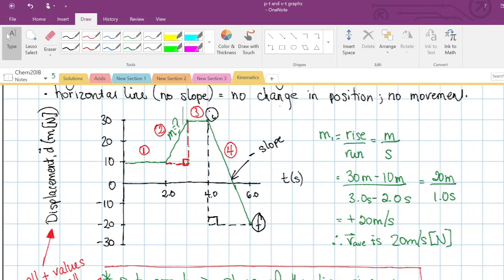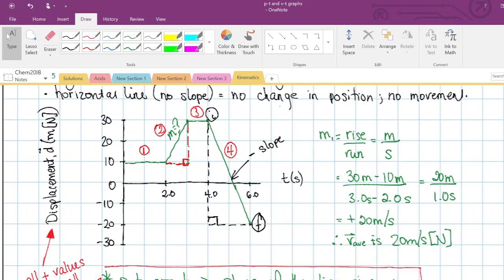That tells us that in this particular 1 second period, the object is moving at a constant velocity of positive 20 meters per second. And what that positive sign indicates is that it's 20 meters per second north. So it's moving in the north direction at 20 meters per second.